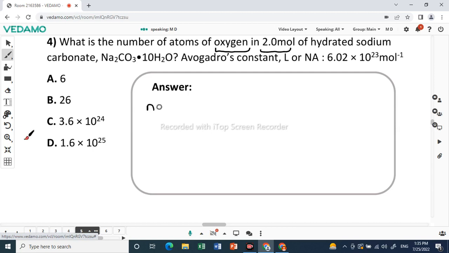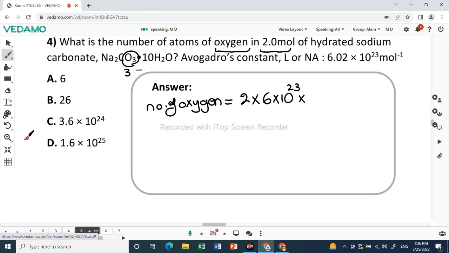So, starting with number of oxygen, I'm going to take my mole number, which is 2, times 6 times 10 to the power of 23, multiplied by how many oxygens are present inside my hydrated sodium carbonate.